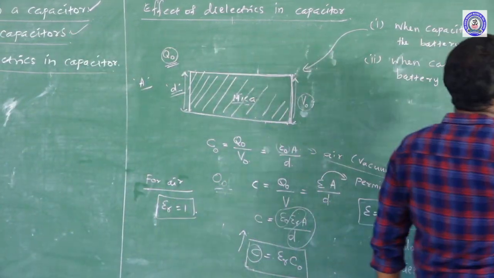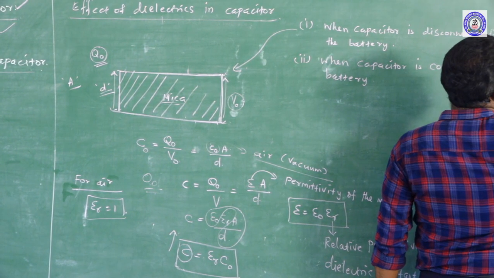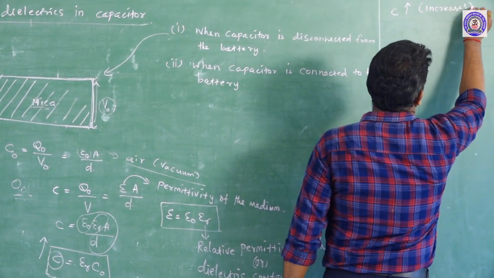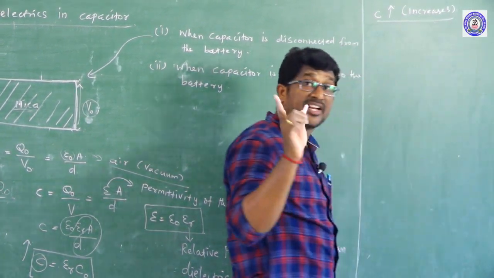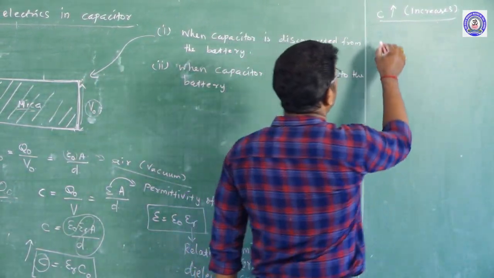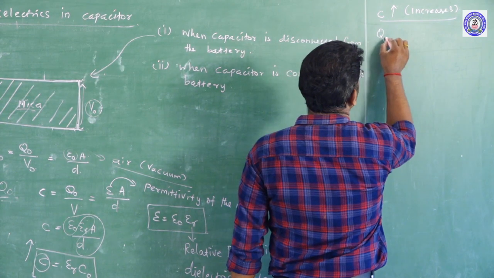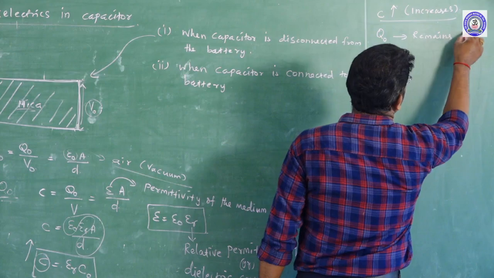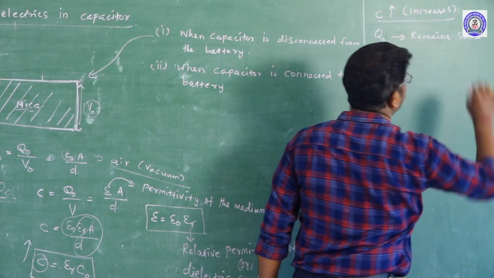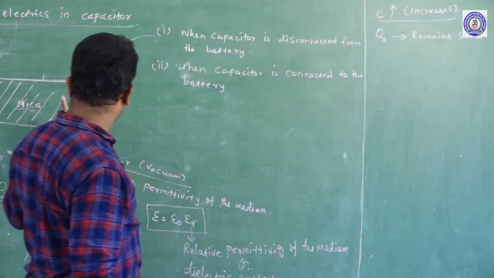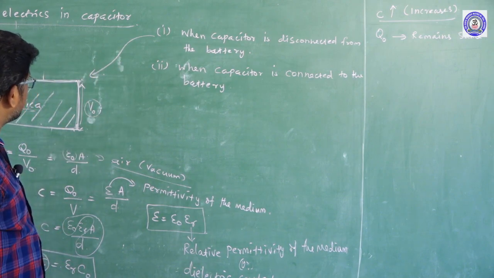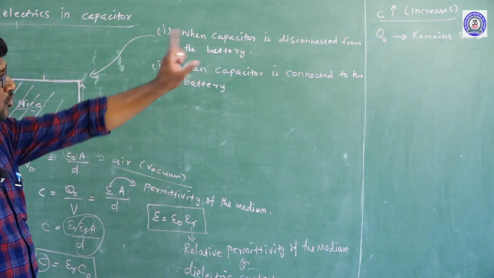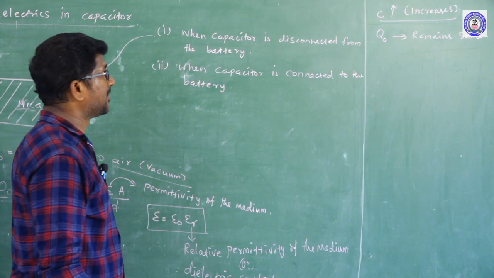So, C increases after introducing mica material. What about the Q value? That is the Q naught value, it remains the same. Even when the dielectric material is introduced and the battery is disconnected, the charge in the capacitor does not change. So, Q naught remains the same, right.